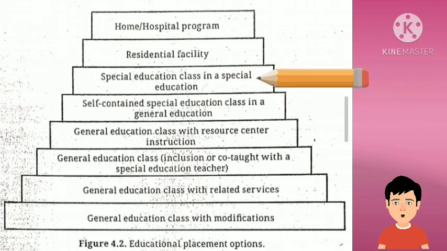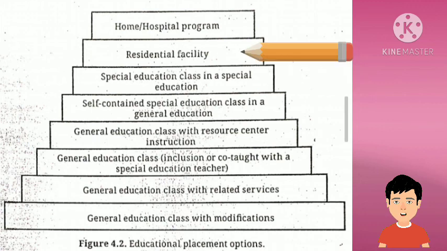Moving up in the placement continuum, some students who need more intensive instruction and supports are educated in a special education class in a special education school. Teams of professionals, along with a special education teacher, work with students with disabilities and additional needs in a highly specialized setting.